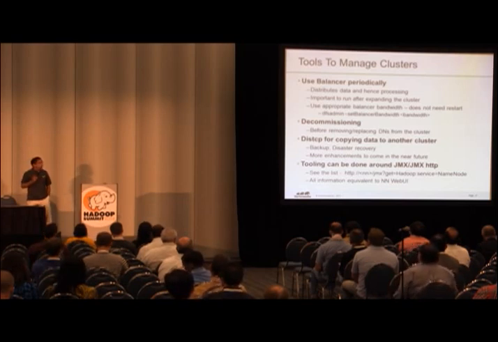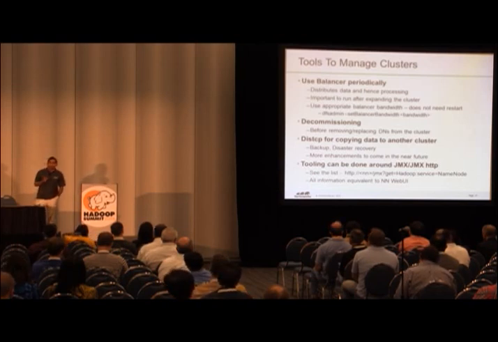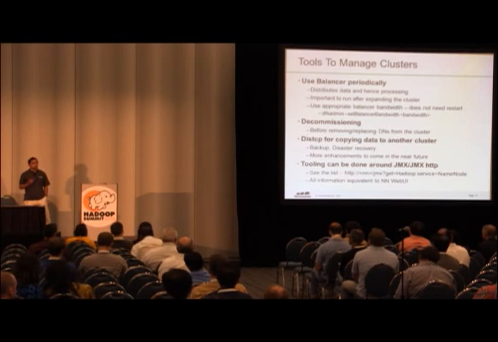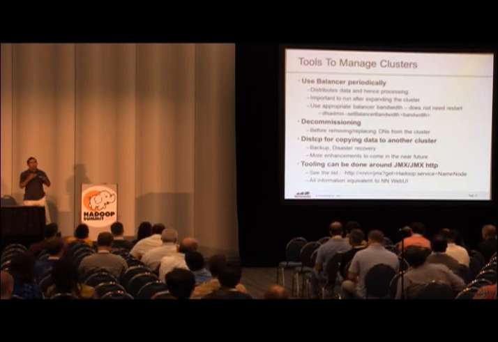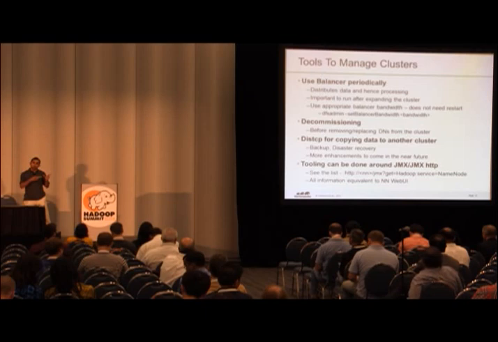One other thing that I want to highlight here, and this is something that ops people can use for building tools for monitoring and managing the cluster. We added a lot of the information that's available in the name node web UI into JMX. Prior to that, people used to scrape all this information from the name node web UI.